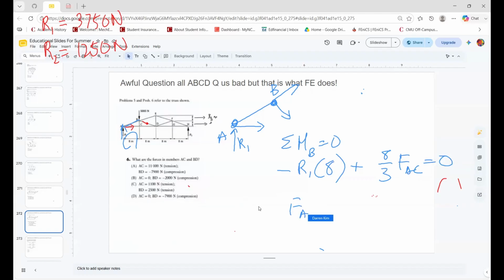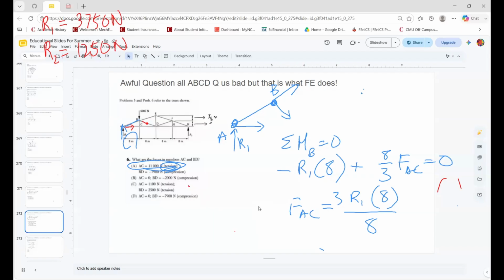So FAC equals positive R1 times 8, and it's definitely not going to be 0, right? 3 multiplied by 3750 divided by 8, multiplied by 8, divided by 8. It's 1275. That doesn't sound about right. So did I do something wrong, or did I do something right? I got 110, so I think it might be just this tension. Is it the positive direction? So yes, that must be it.